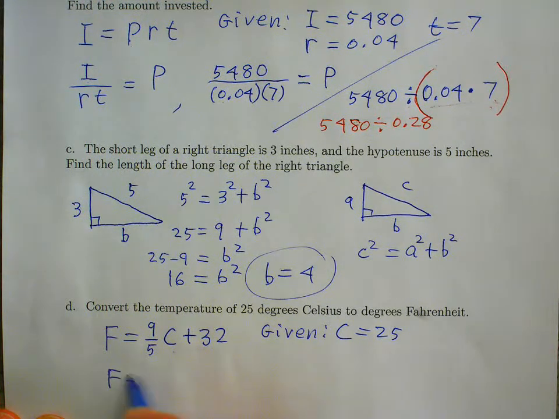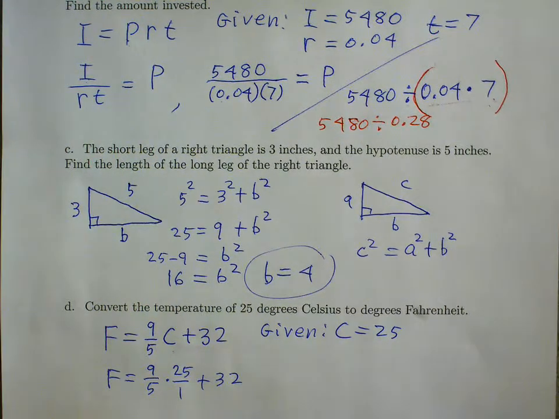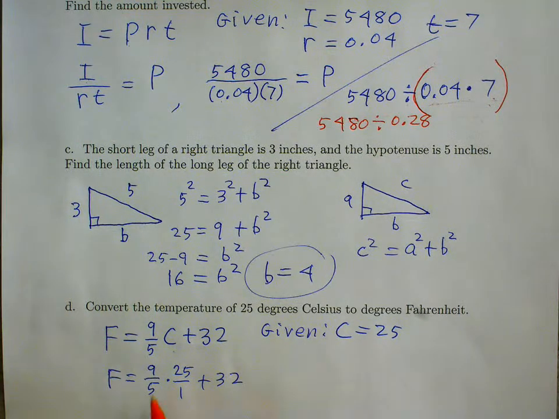So F equals 9/5 times 25. I'm going to write 25 as 25 over 1, so that we can see that we're, in effect, just multiplying two fractions. But we can get a cancellation before we do the multiplication. 5 goes into 5 once and into 25 5 times.